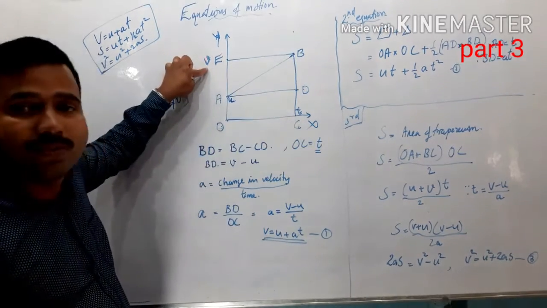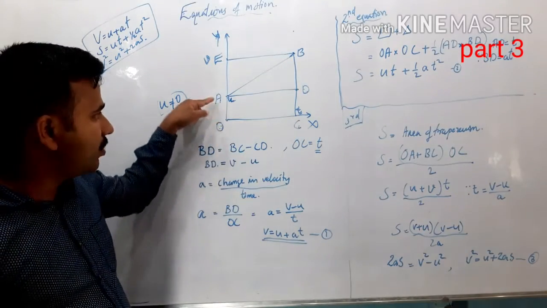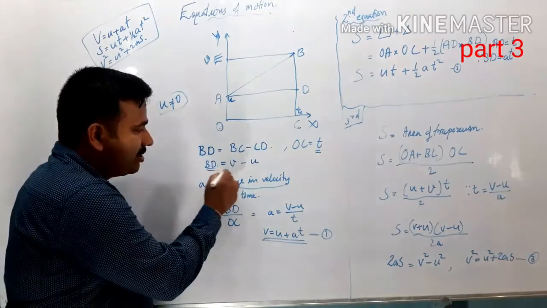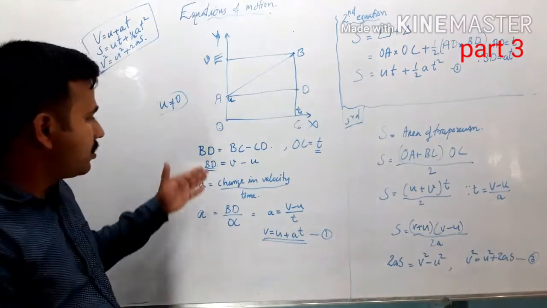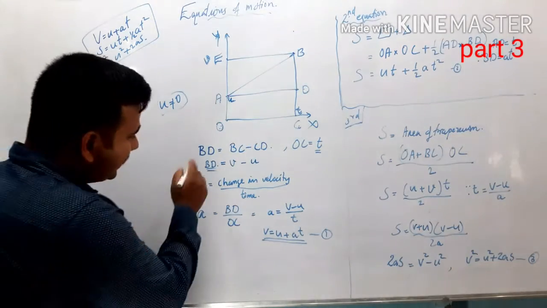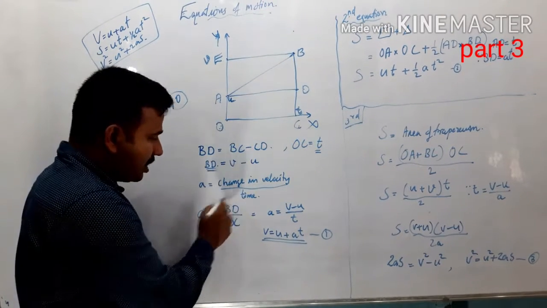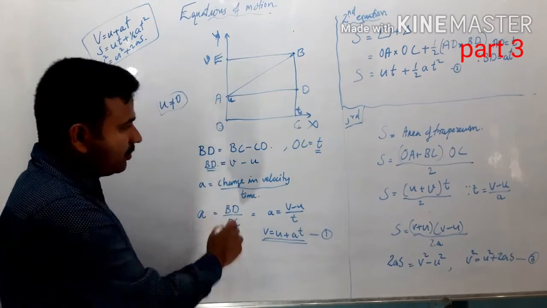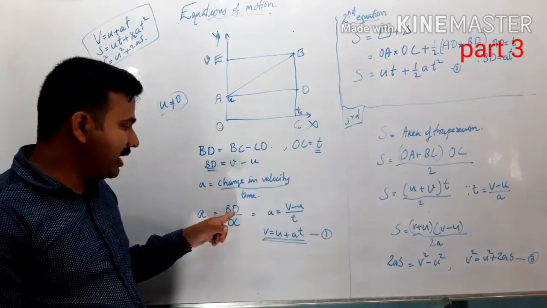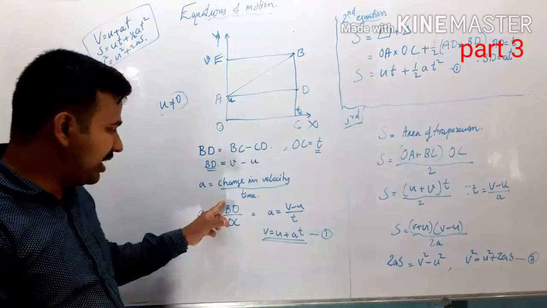BC is equal to the final velocity V, and CD is equal to OA, that is the initial velocity U. So we can write BD is equal to V minus U. In the previous equation we already saw that acceleration is change in velocity upon time. Substituting, A is equal to the change in velocity, V minus U, that is BD, divided by time, which is OC. So BD by OC.